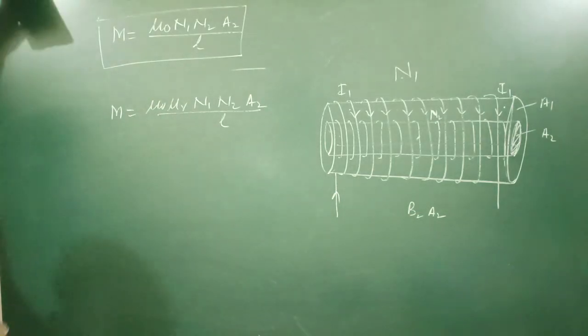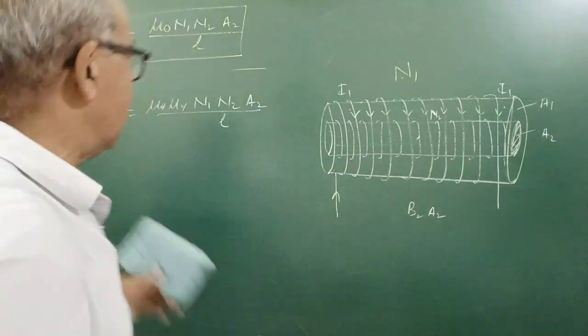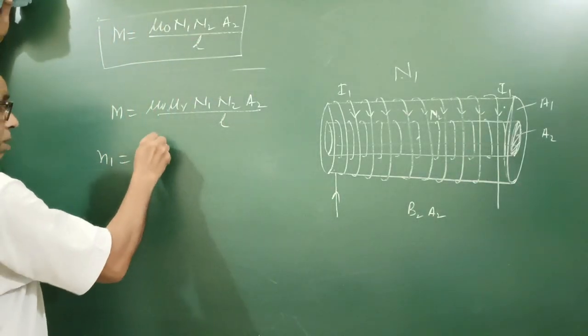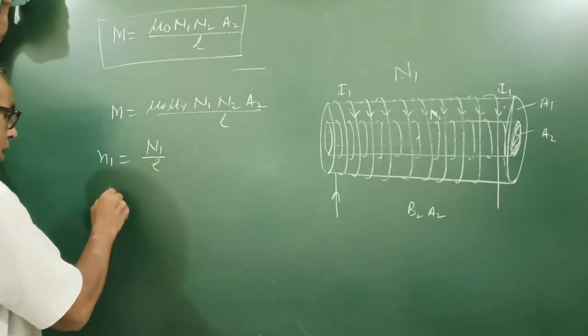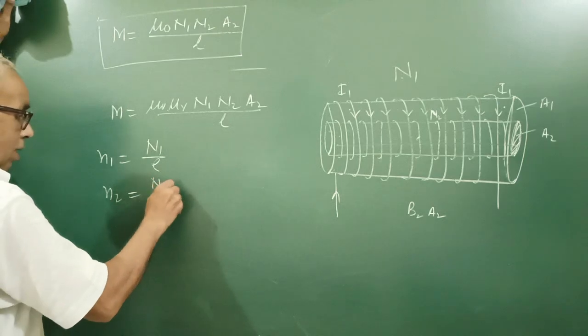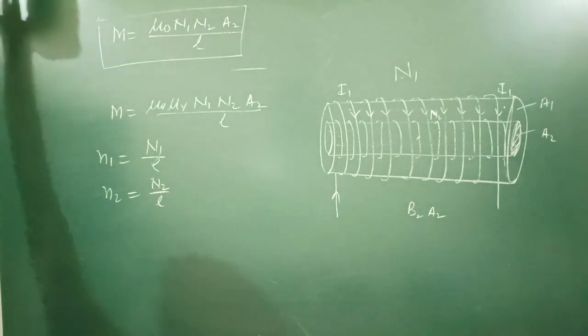Now, sometimes people talk in terms of number of turns per length. So small n1 is equal to N1 upon L, and small n2 is equal to N2 upon L. Small n1 and n2 are the number of turns per length.